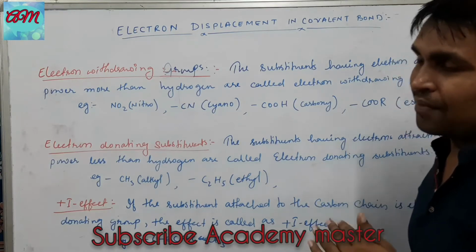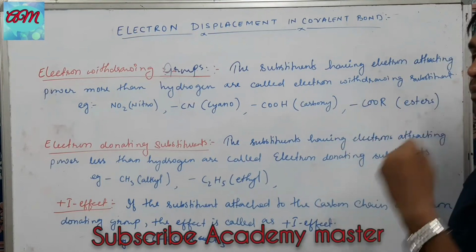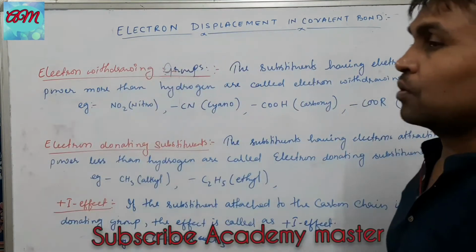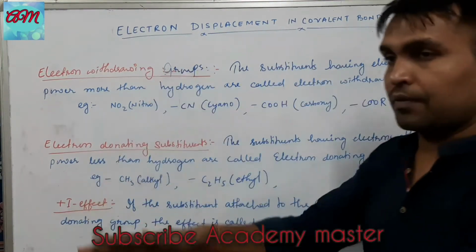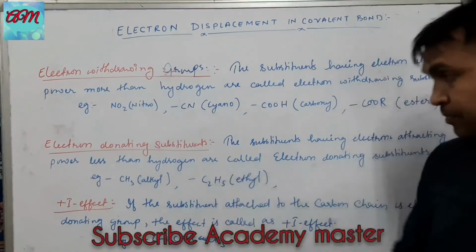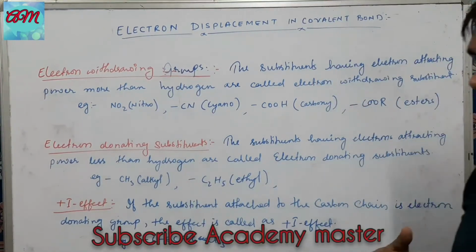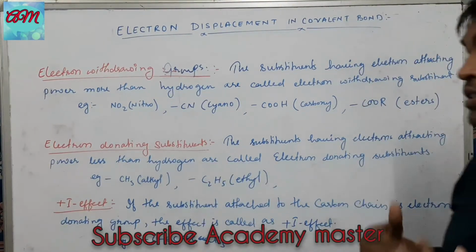They don't have the power to attract electrons, rather they have the capability, the potential, the courage, the guts to give electrons to others. They don't want any electrons from others, instead they want to give electrons to others. So they are called electron donating groups. Another way to understand, they are electron haters, or electron givers.